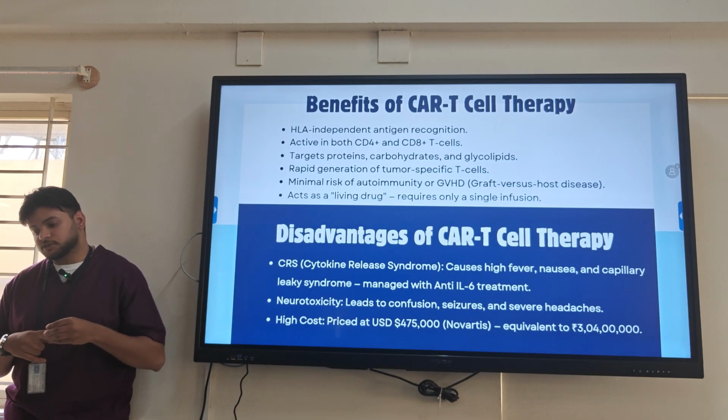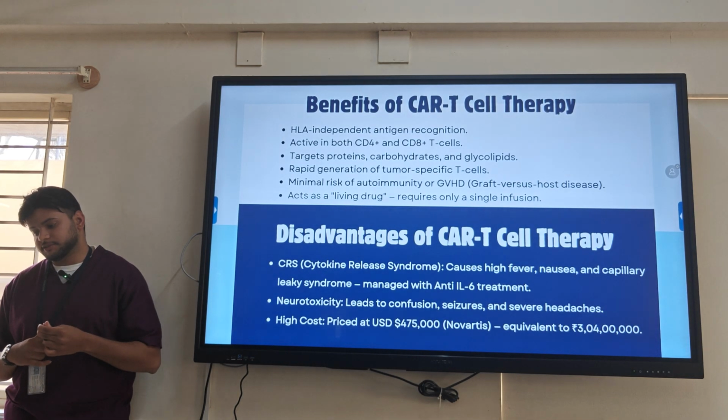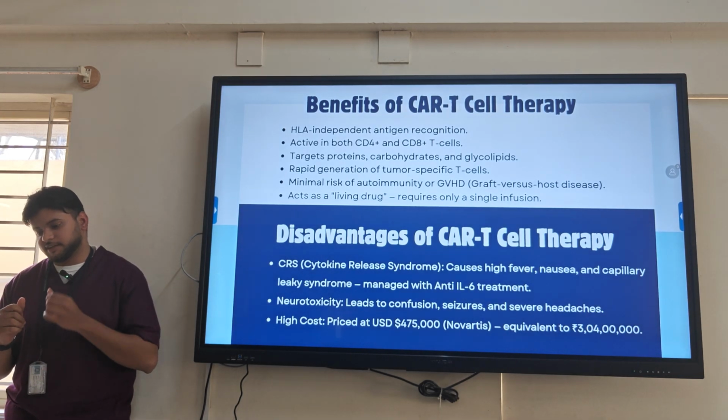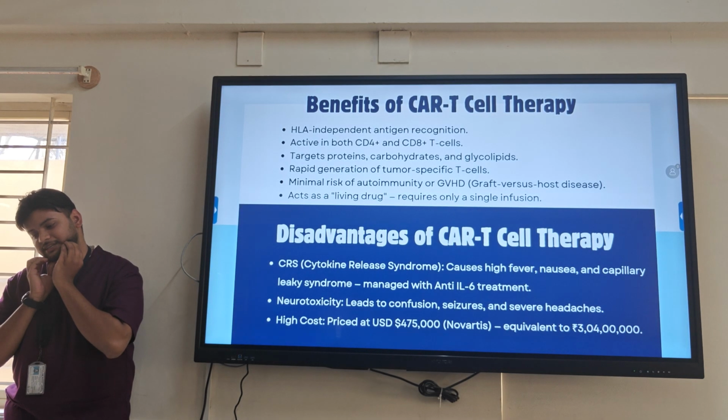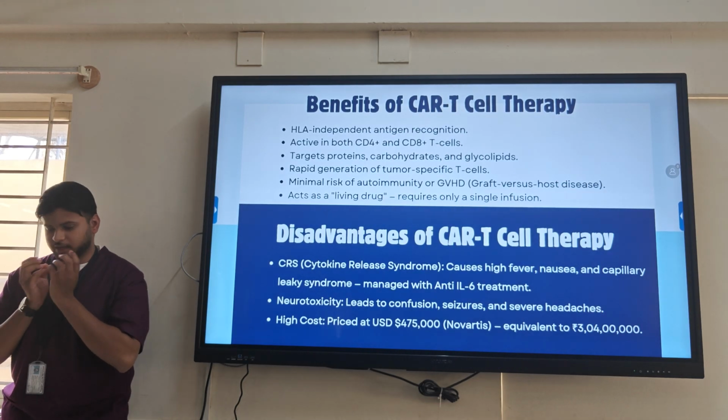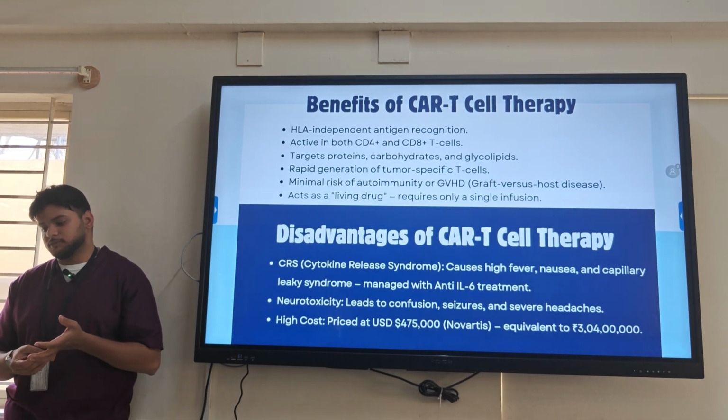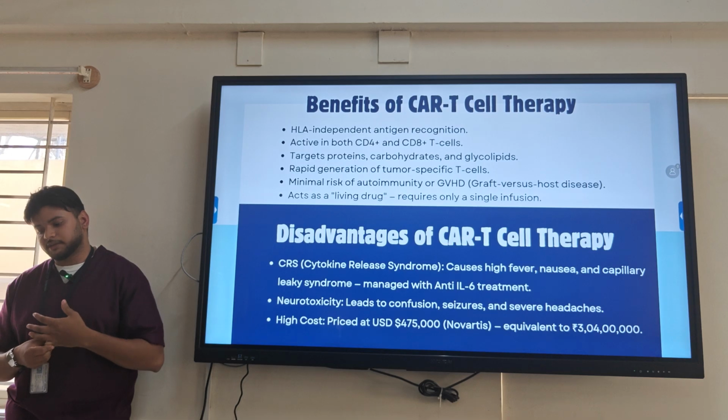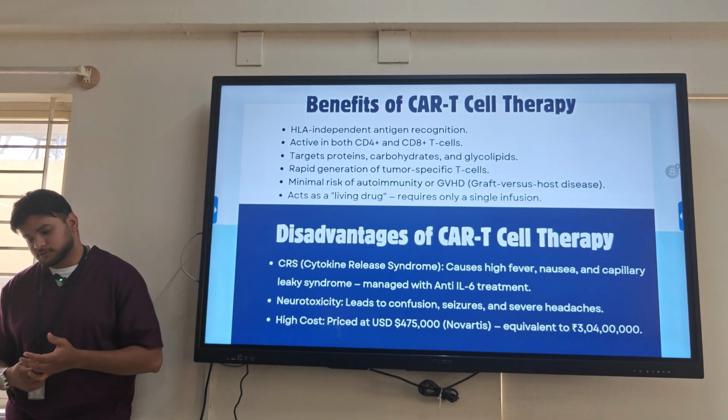Minimal risk of autoimmunity or GVHD, graft versus host disease. It acts like a living drug and requires only a single infusion. Disadvantages, as I said: cytokine release syndrome causing high fever, nausea, and capillary leakage syndrome. Neurotoxicity we have seen, price also we have seen.